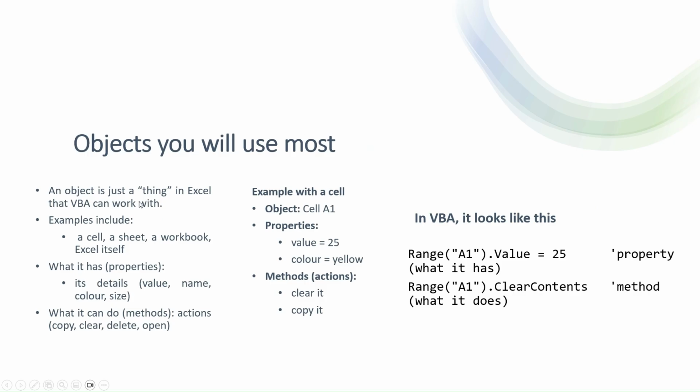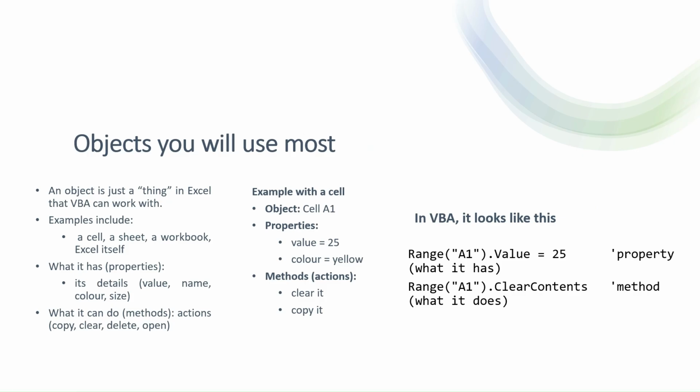You have Excel itself, the application, which is an object. You have a workbook, a worksheet, a cell, a range of cells. All these are examples of objects. Anything like a cell that VBA can work on becomes an object.